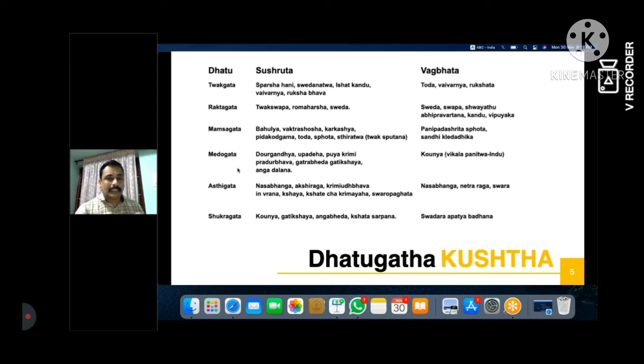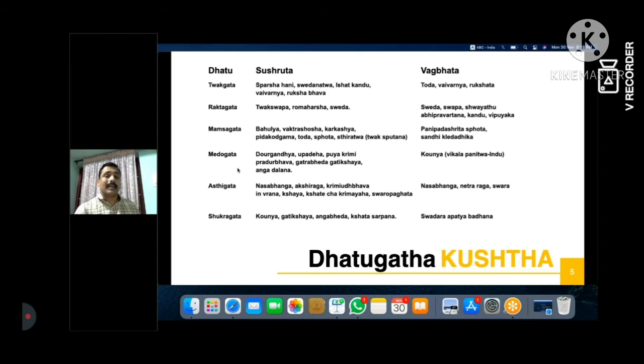Then when it comes to asthigata doshas: nasabhanga, then akshiraga, krimiudbhava, vrana shayatva, shatecha krimayaha. Some sort of injuries are caused, and after that there will be production of skin lesions, and production of krimis also.